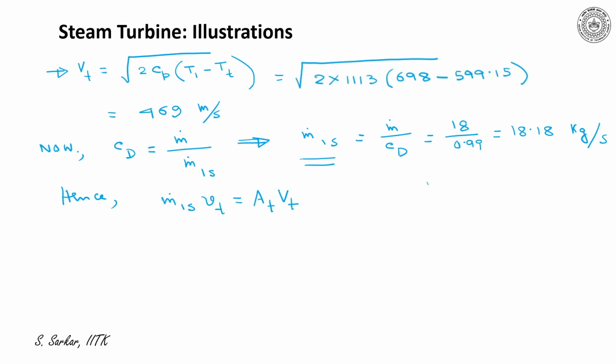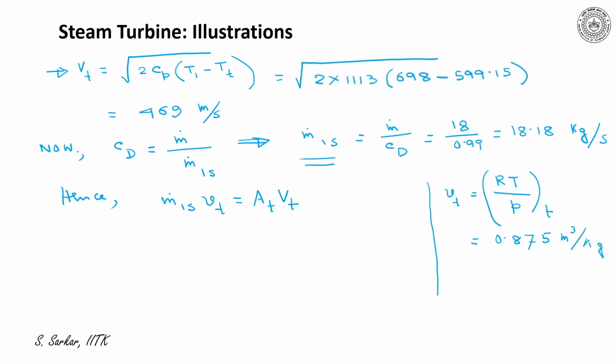Now, I have not yet evaluated the specific volume at the throat. Specific volume at the throat, vt, I can get from RT by P at the throat. I know temperature at the throat, I know pressure at the throat, so I can get vt. If you calculate this vt now, you get 0.875 meter cube per kg.